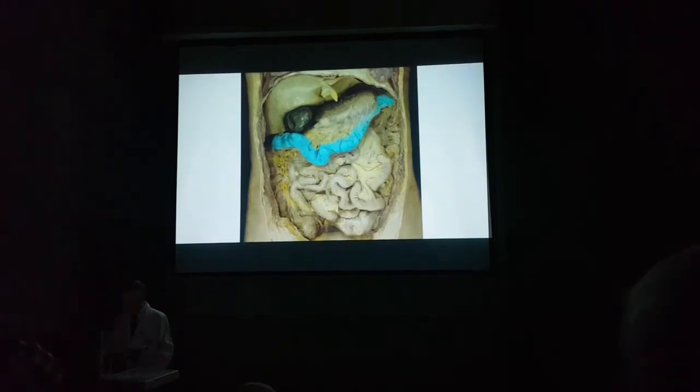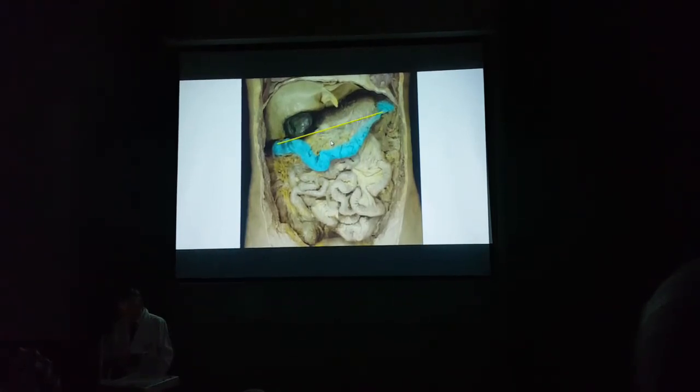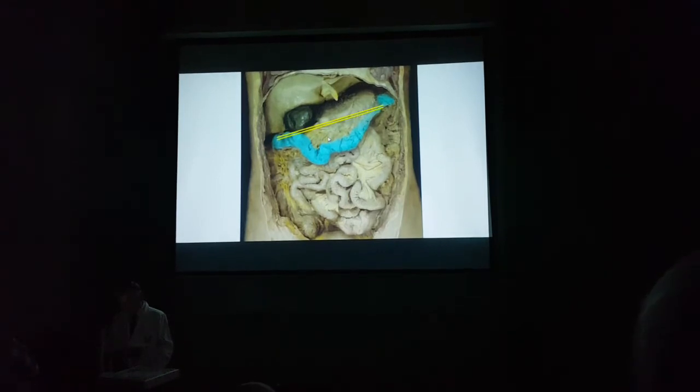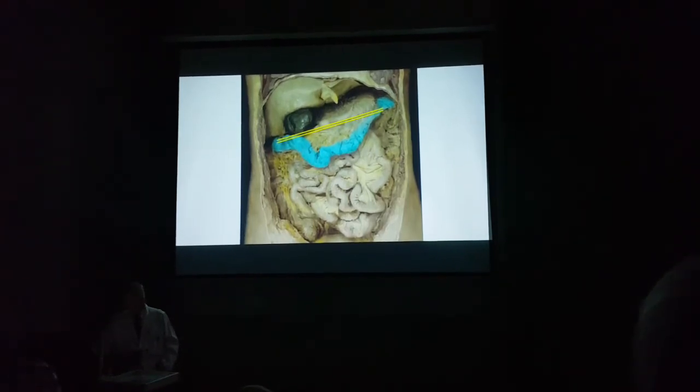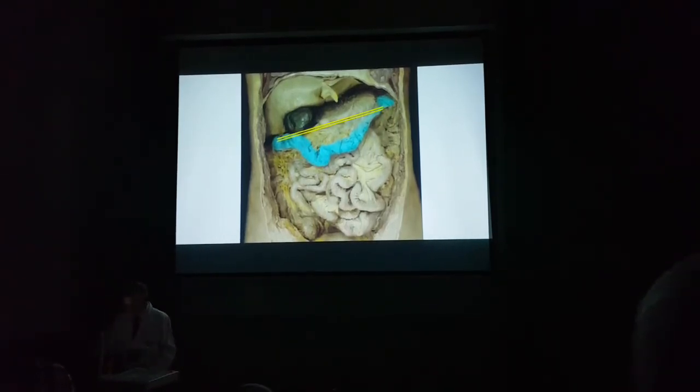Which organ is this? Transverse colon. And you can see that it has a mesentery called mesocolon, and it goes back to the posterior abdominal wall and attaches itself to it.